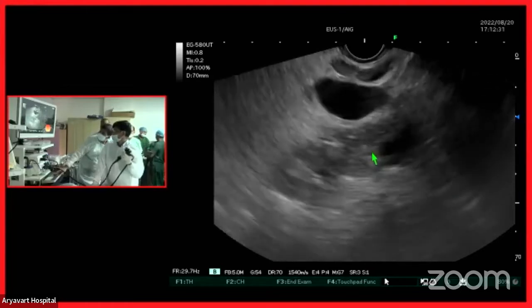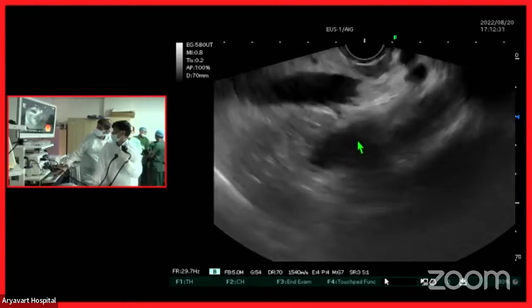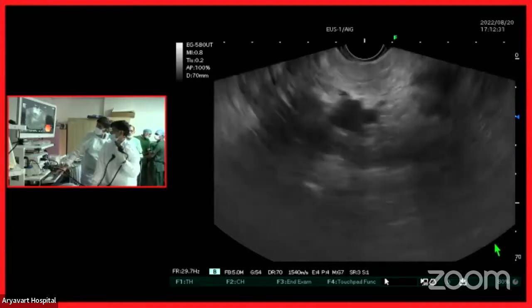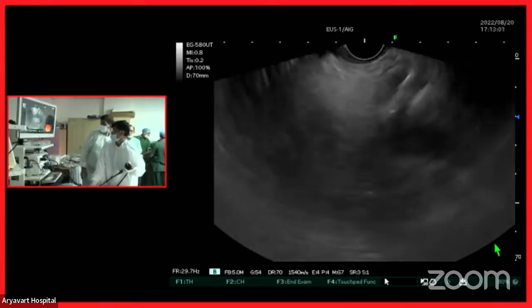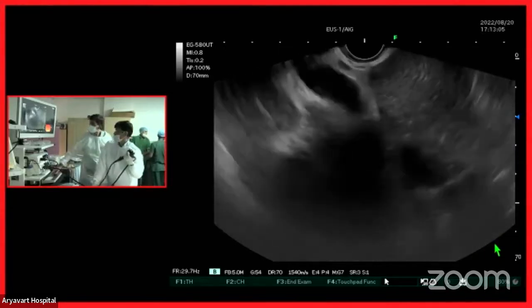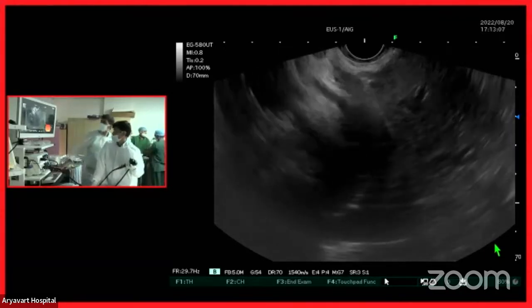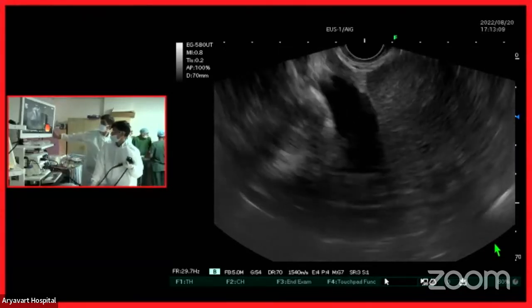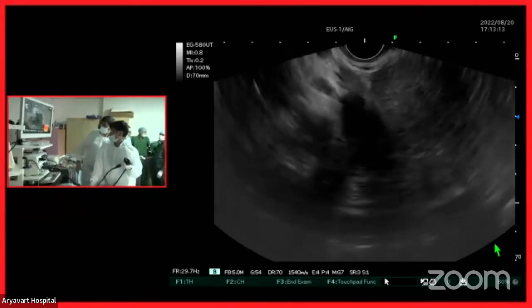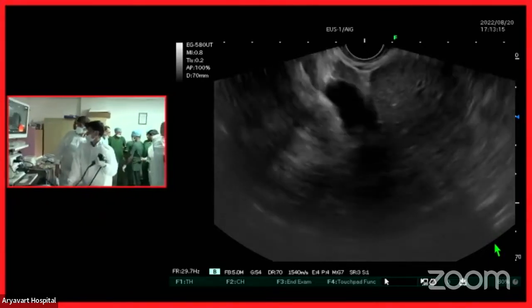So when I rotate through, I'm looking to see if this is invading the portal vein. I think the portal vein itself is intact. There's no invasion or encasement here.